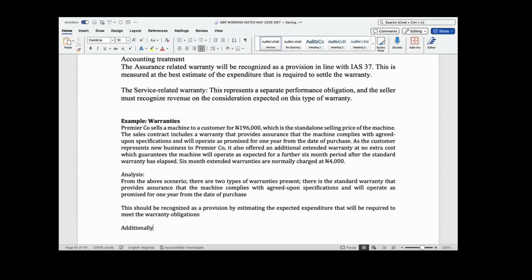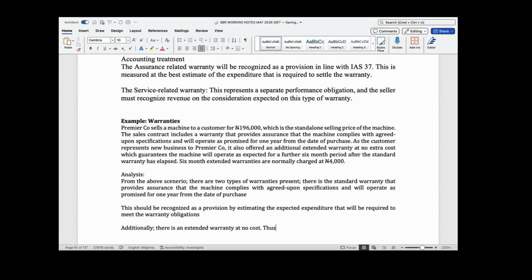Additionally, there is an extended warranty, at no cost. The funny thing is that this is at no cost. So this provides that the machine will operate for a further 6 months.